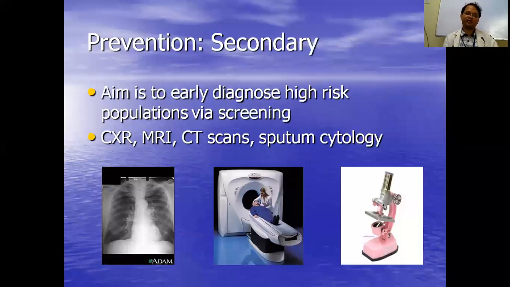About the secondary prevention, it is used to screen lung cancer in some countries. It's used to detect or diagnose the lung cancer early in patients who are high-risk population. For this, the chest X-ray, MRI, CT scans, and sputum cytology are being utilized.